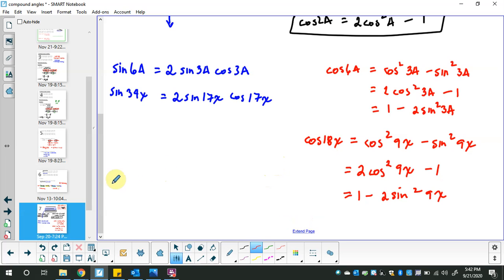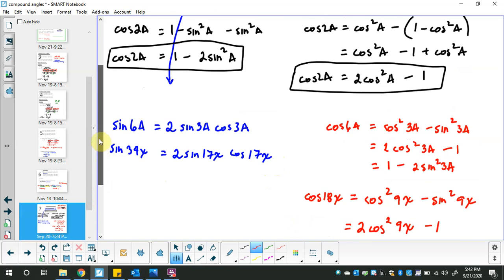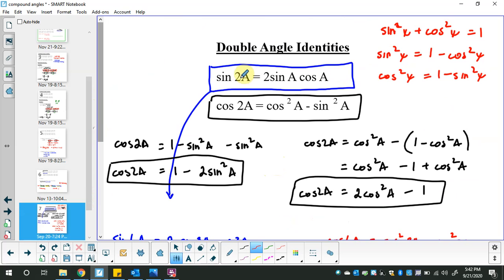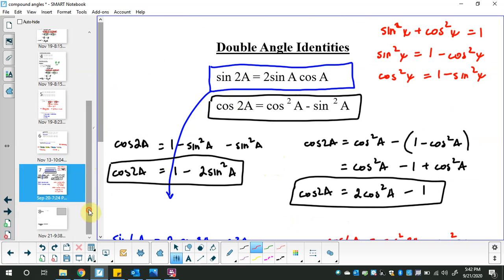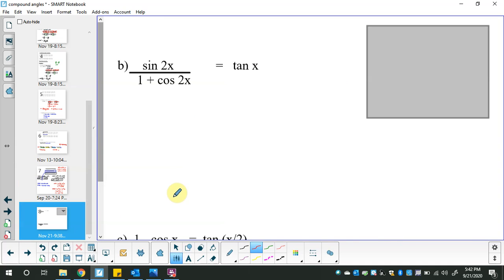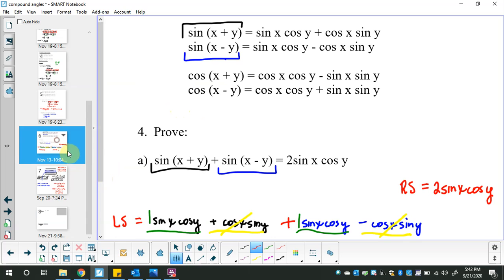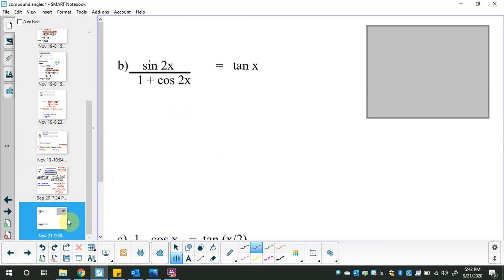Most often you will see literally the 2 with an A or an X or some other letter. I am going to leave this up while I unhand cramp. And we're going to continue with the proving left side equals right side. So when I come back, I'll have this split so we can deal with it. What's under this box?